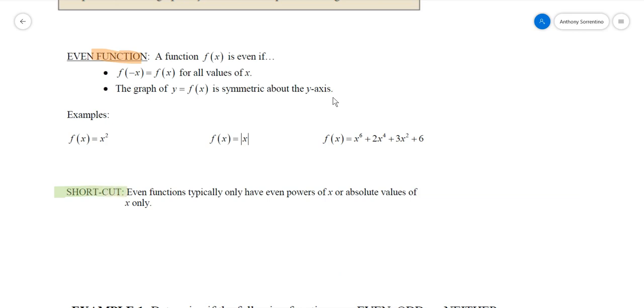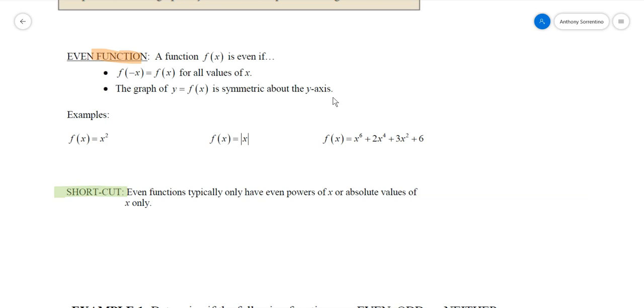Even functions typically have even powers of x or absolute values of x only. So, there's no quantities being raised to powers. And all the powers are going to be even numbered powers, or might have an absolute value around it. That's a good way of identifying which way you think it should go.